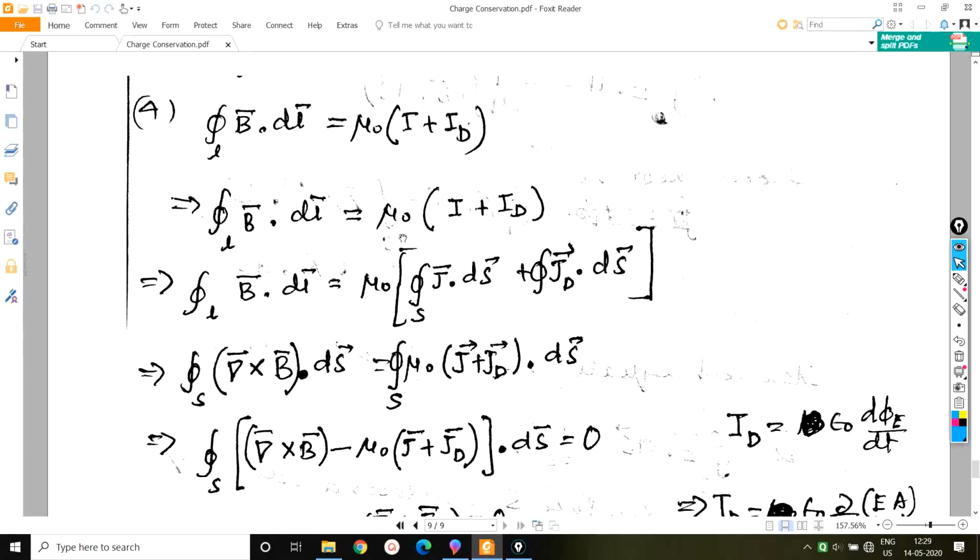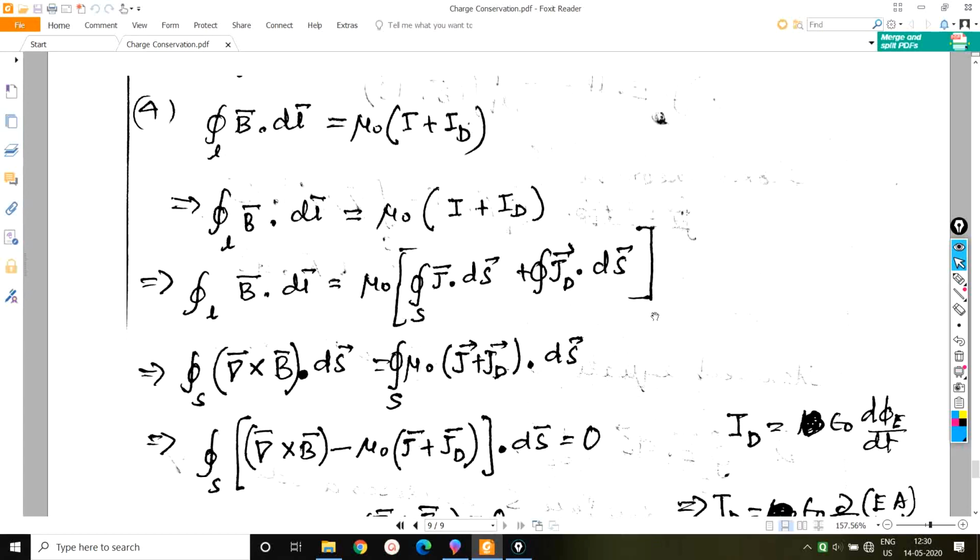So when you go for this, you will find that we can have a current density for conduction current, and we can have a current density for displacement current also. So current I is replaced in terms of current density. I is equal to surface integration of j dot ds plus again surface integration of jd dot ds.